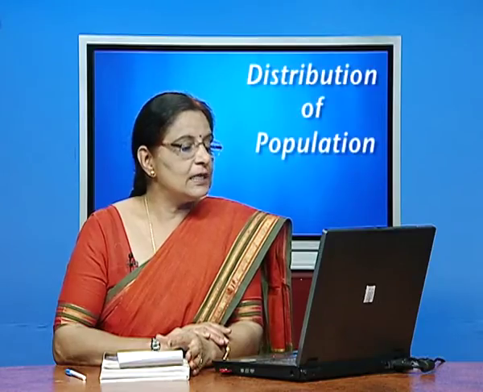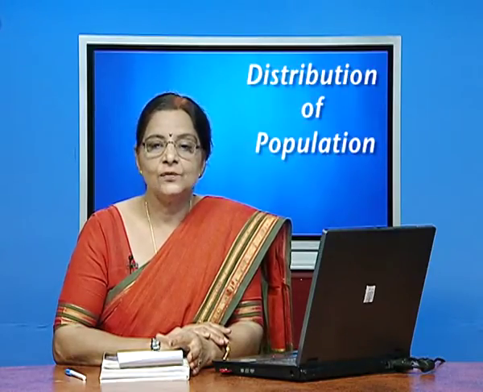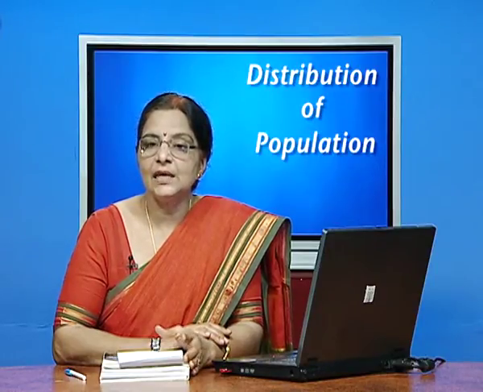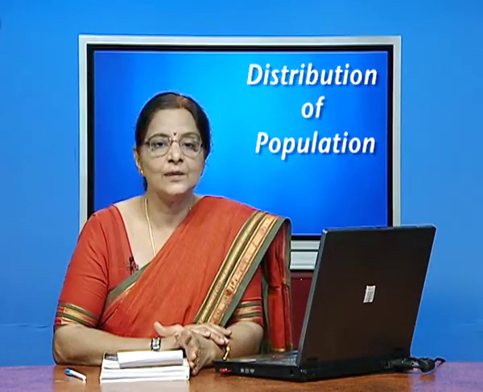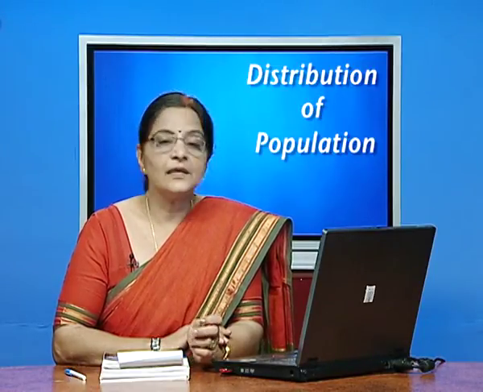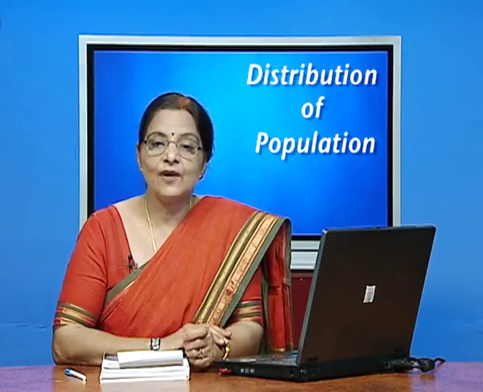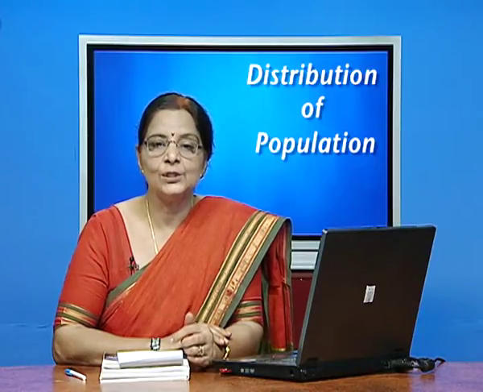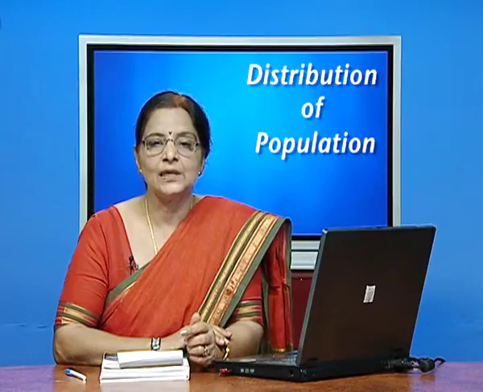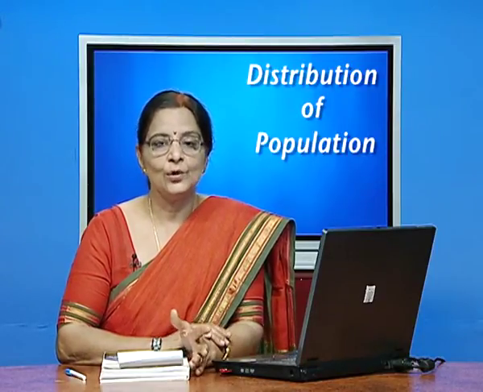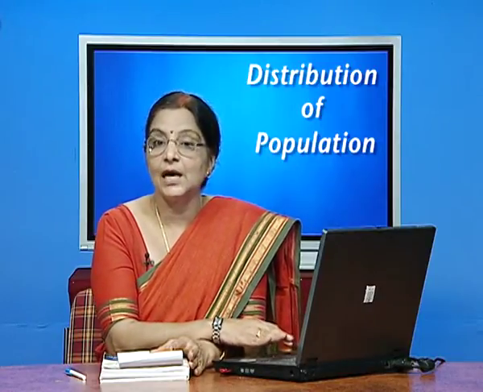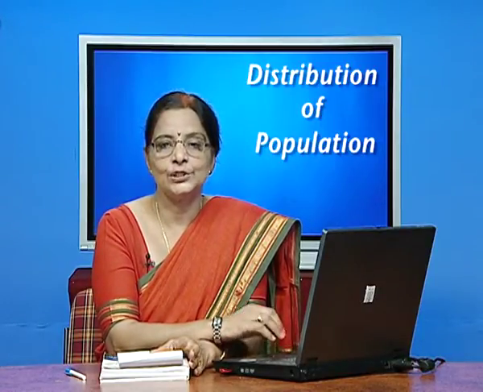If we take up the irrigation facilities which are developed by the Indira Gandhi Canal, these areas also experience the high population rate. Besides relief and climate, the other factors like the minerals and the energy resources, which are available in plenty in the Chota Nagpur plateau of India. So, as a result, these areas also experience the high proportion of population.